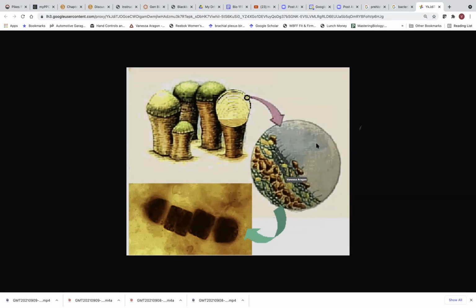Now, you might think that this looks a lot like cyanobacteria, and you would be right, because this bacteria here is the ancestor to the cyanobacteria, and it was responsible for putting out large amounts of oxygen into the atmosphere. Boom.